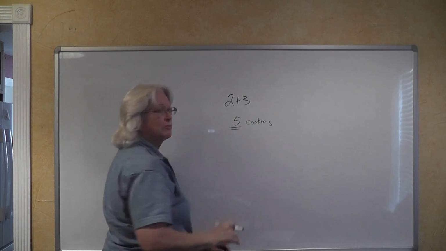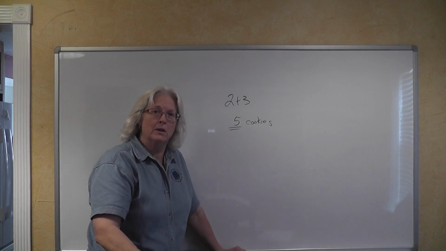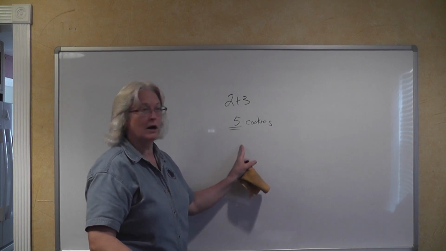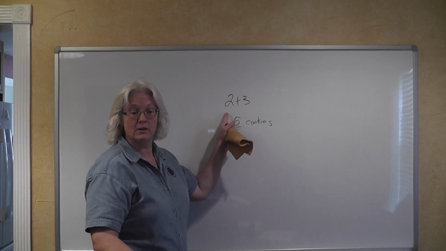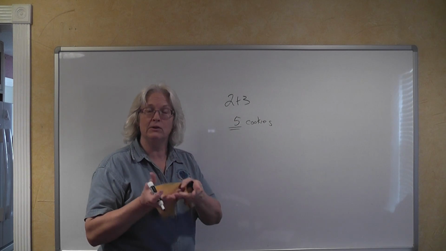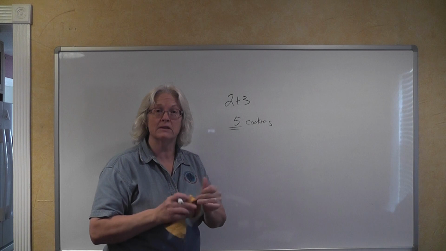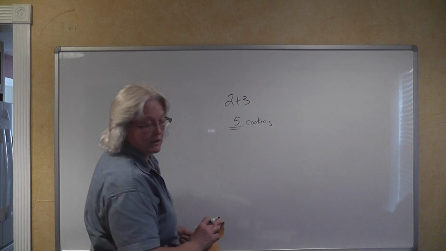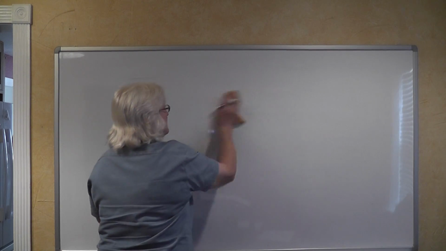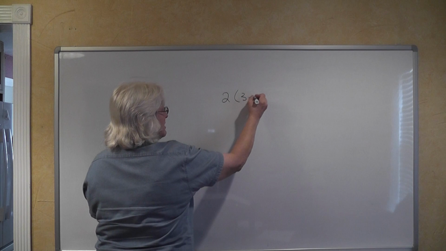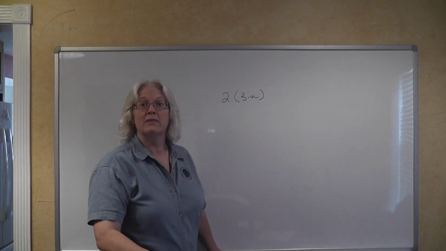And this 5 right here is the simplest expression, the simplest way to describe this expression here that says 2 plus 3. And we're going to see that you do that same principle when you're working with variables. For example, let's say that we have 2 parentheses 3n close parentheses.